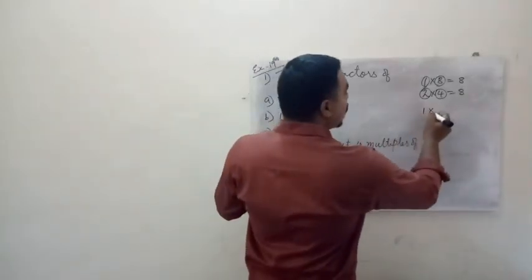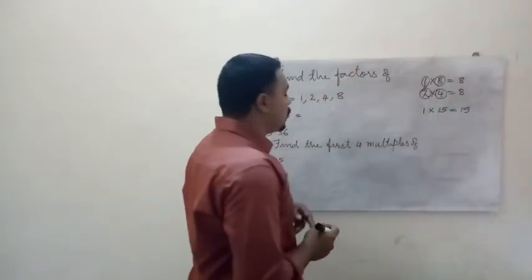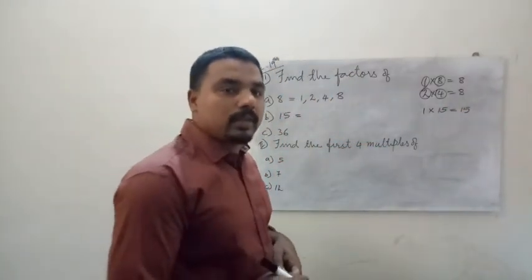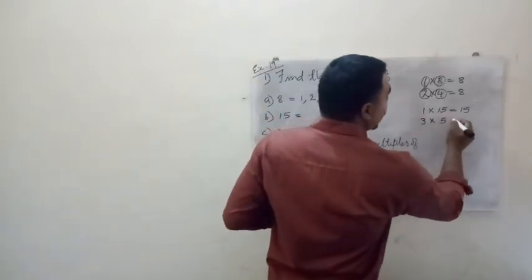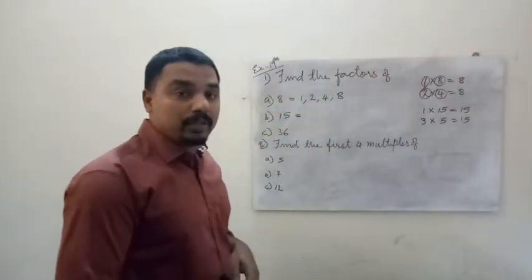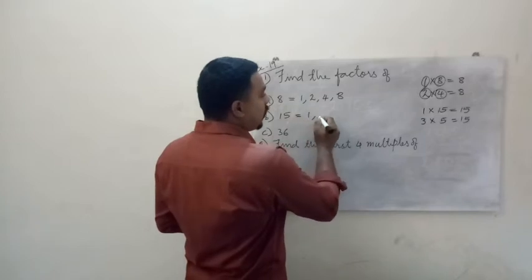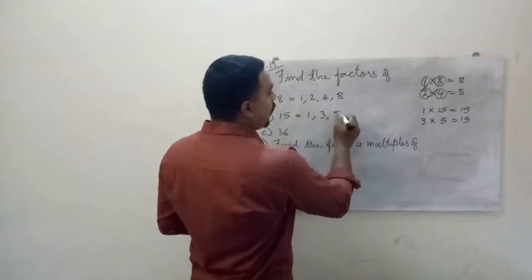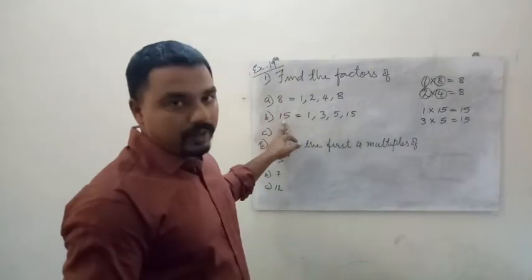The first one is 1 into 15 is equal to 15. Any more numbers? Yes, 3 into 5 is equal to 15. Any more? No more. So these are the factors of 15: 1, 3, 5 and 15.